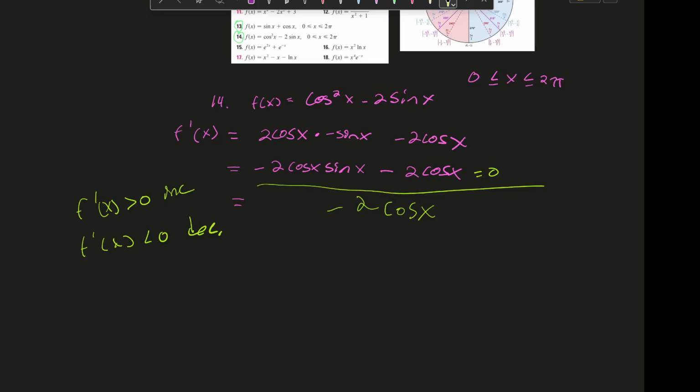But also, even though I have this subtraction in the middle, since both terms have a cosine x in common, I can divide it out from everything. So then you're just left with sine x minus 1 is equal to 0. And if you add that 1 to the other side, you have sine x equals 1.